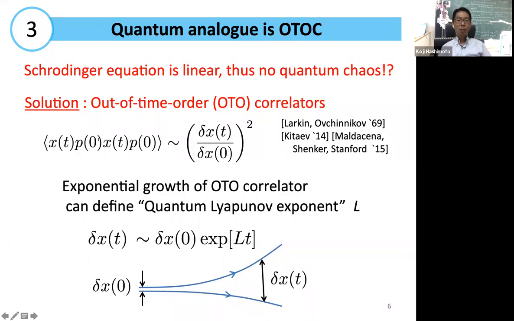Although this is not exactly a commutator, the commutation relation has a subtle issue. However, generically it doesn't give you much effect. So if this grows exponentially, it means that a very small differentiation with respect to the initial condition grows exponentially after time t. So this is a quantum counterpart of the notion of Lyapunov growth. So we are going to evaluate this.